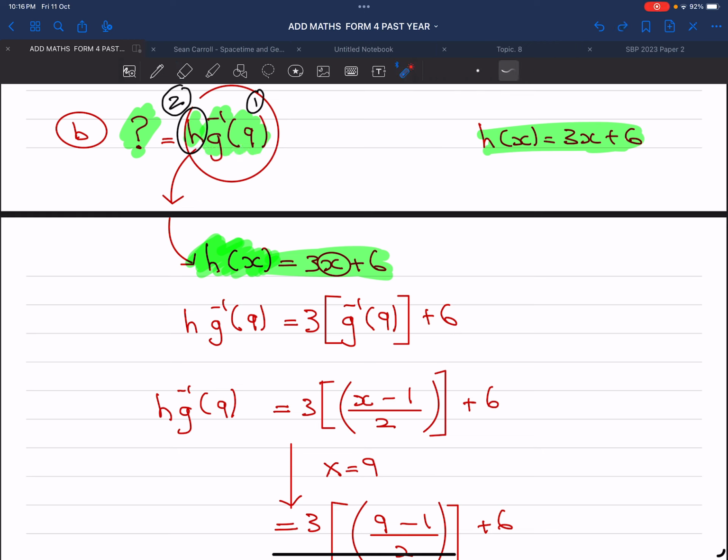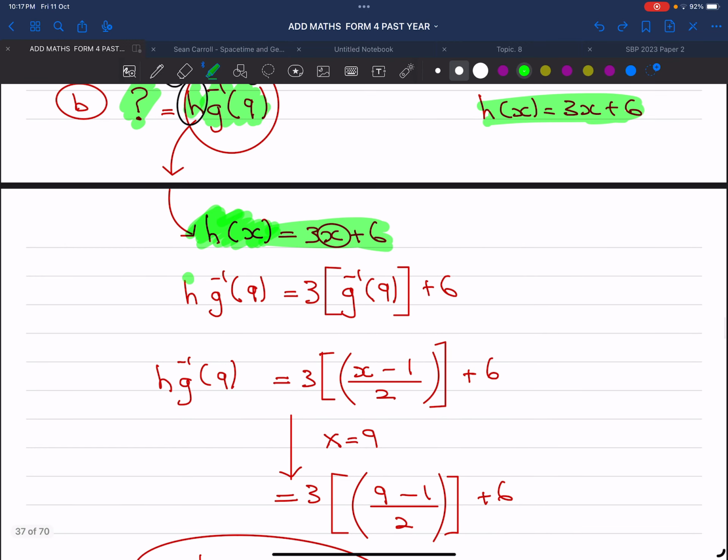So we have hg inverse 9. If x I replace with g inverse 9, the x over here also replace with g inverse 9. Of course, the 3 put back, the plus 6 put back.